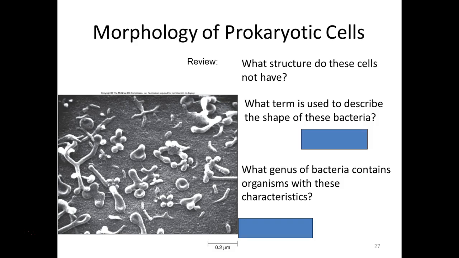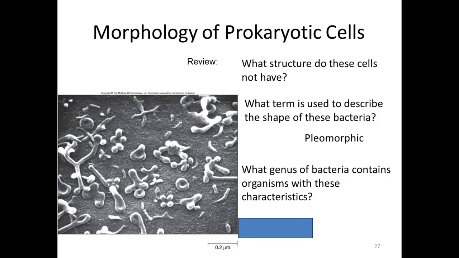So what structure do these cells not have? In this case, these guys cannot hold a shape. So what are they lacking? What helps them hold their shape? Cell wall, right? So these guys are lacking a cell wall. The term that we use for these is pleomorphic. Pleo meaning many, morph referring to shape.